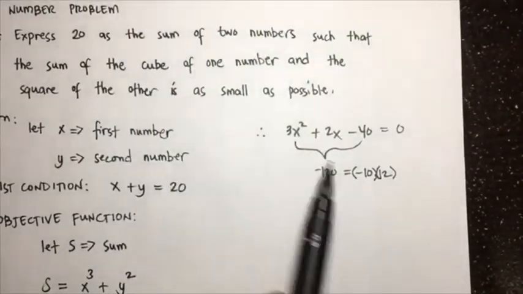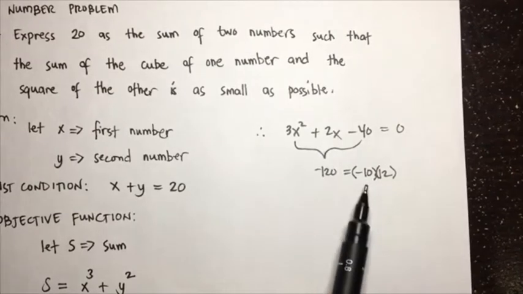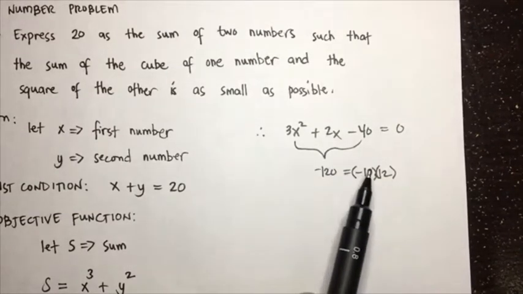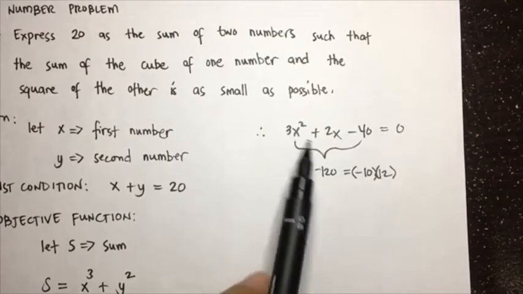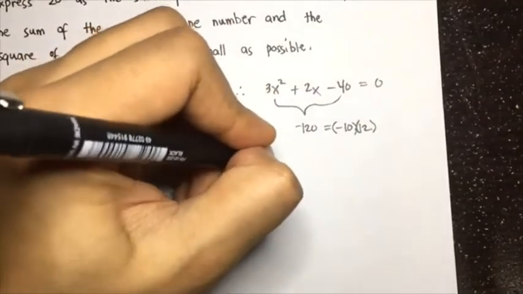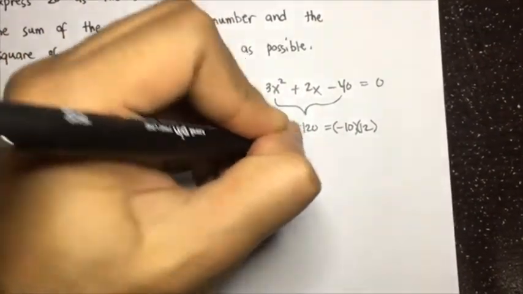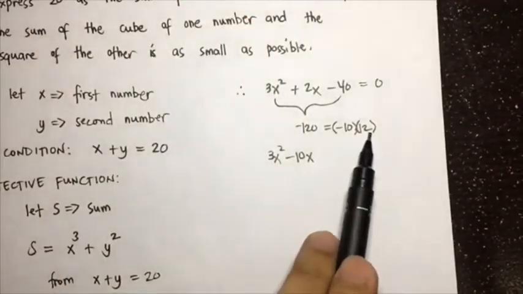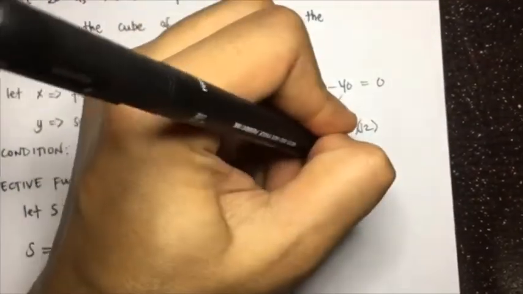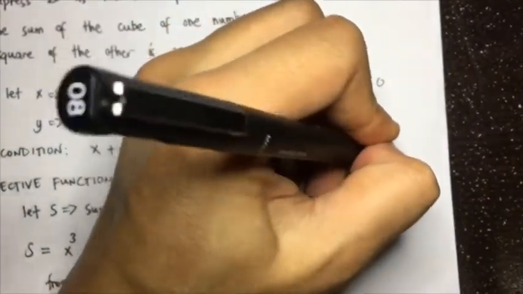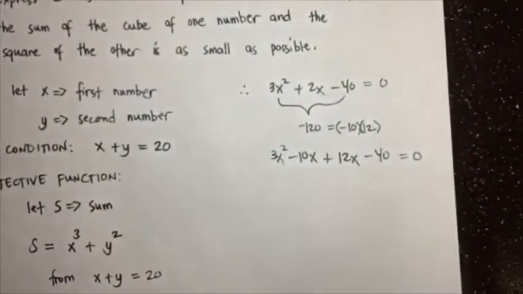Now we'll break down positive 2 such that it involves the terms with the coefficients negative 10 and positive 12. So it will become 3x squared minus 10x plus 12x minus 40 is equal to 0.